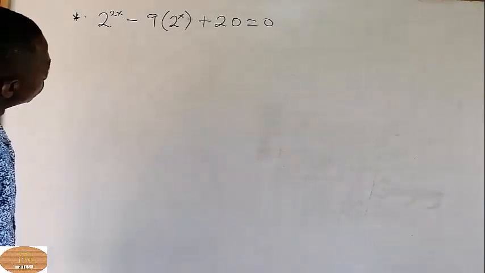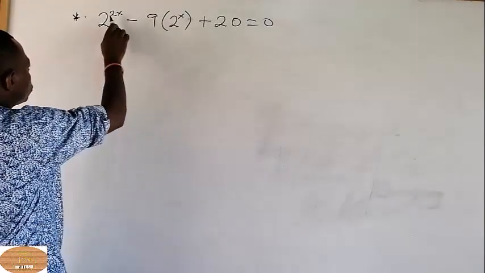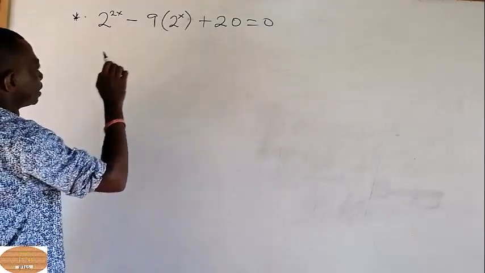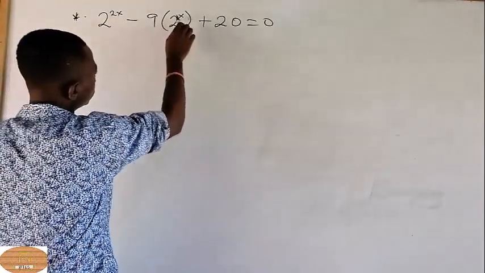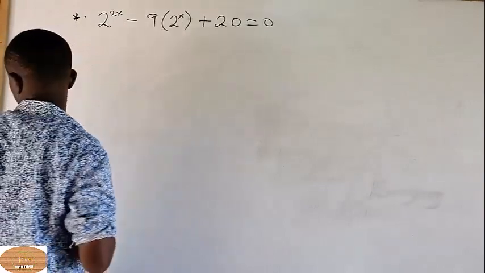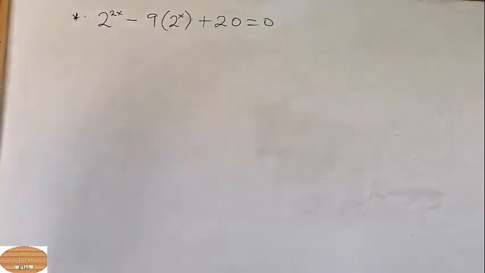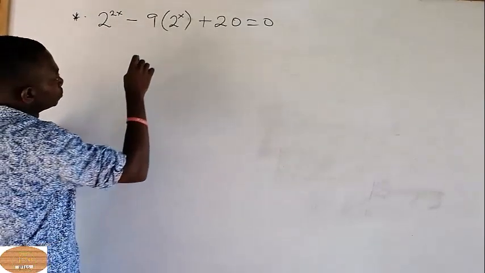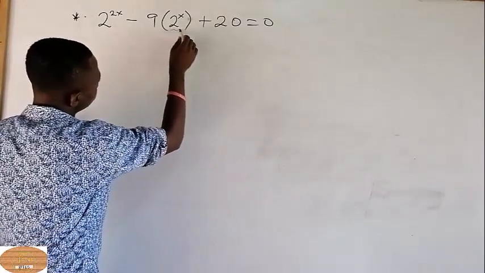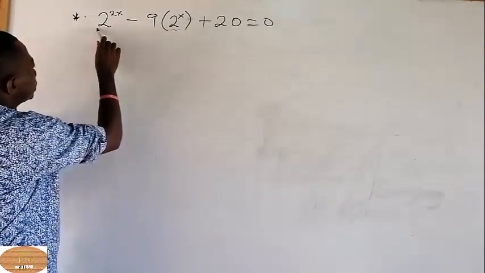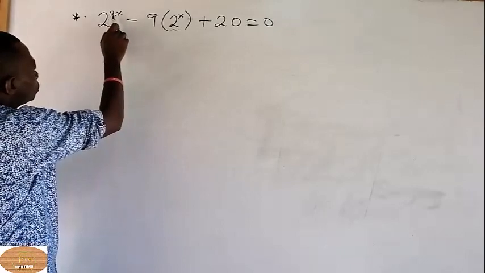Now I have 2 to the power 2x minus 9 times 2 to the power x plus 20 equals 0. Now I have 2 to the power x here, and this one I have 2 to the power 2x.